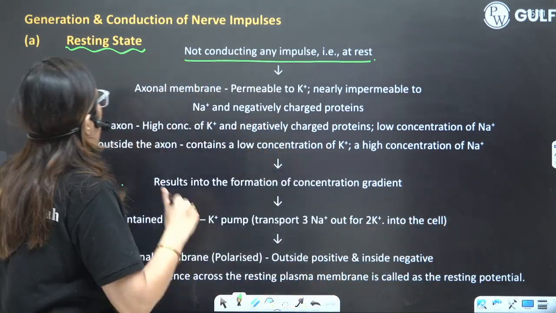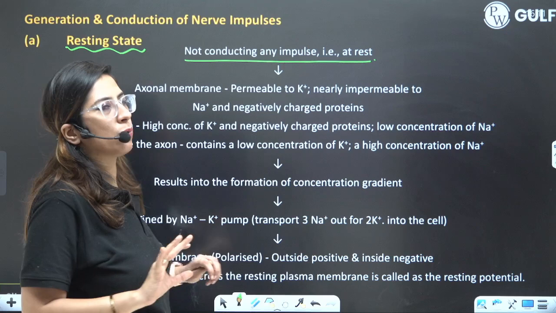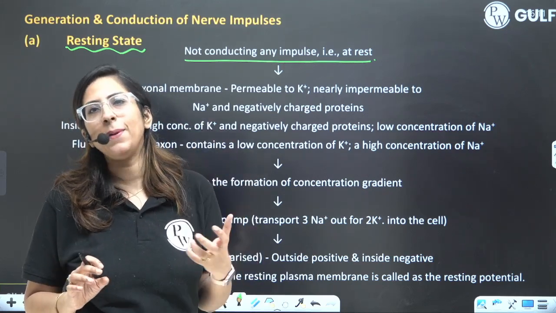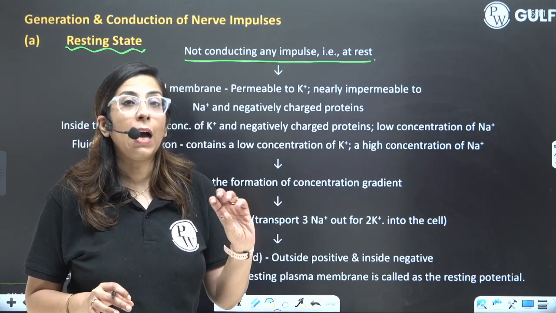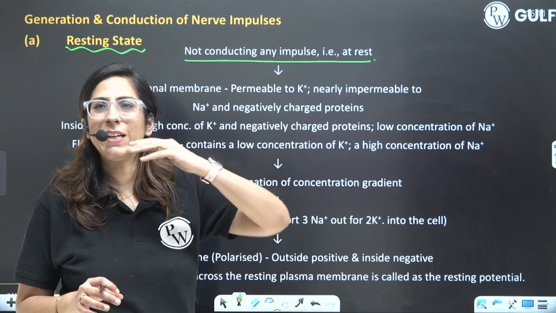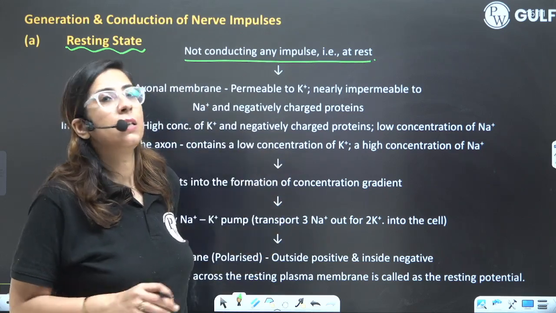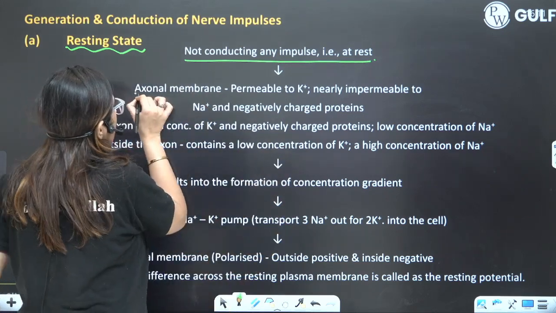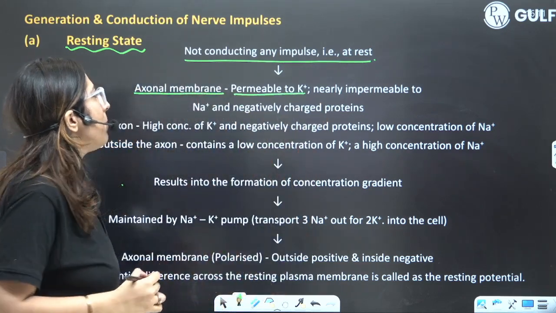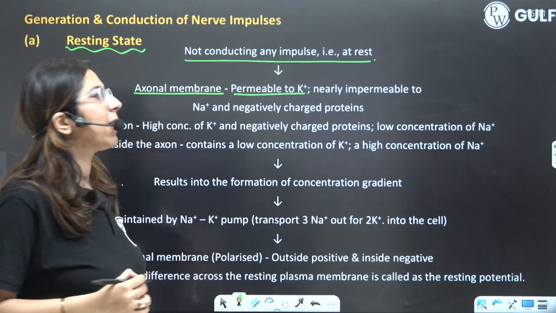At the resting stage, you should have the idea that inside the neuron the K plus ion concentration is more, and outside the cell the sodium ion concentration is more. The axonal membrane is permeable to K plus, and nearly impermeable to sodium and negatively charged proteins.